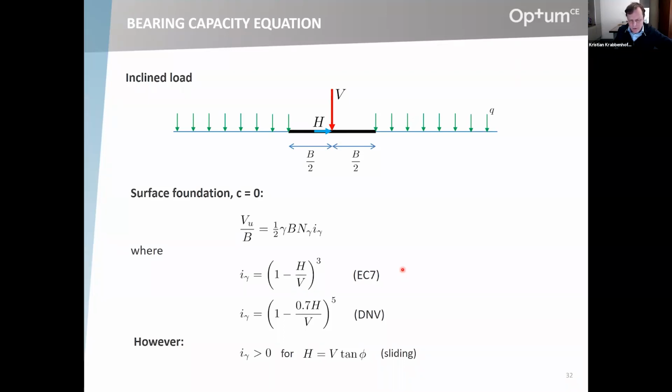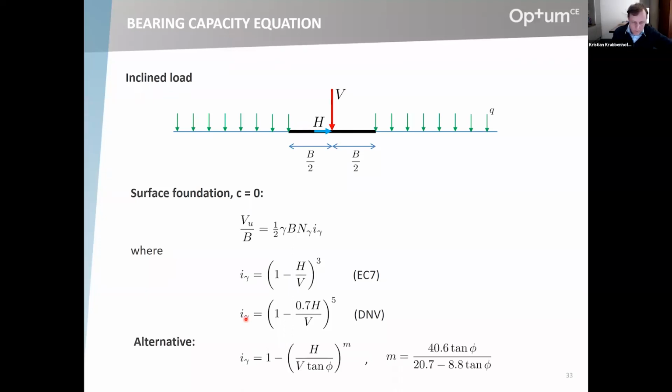And you would expect the bearing capacity or the inclination factor to be 0 in this case. But with these two expressions, at least for normal friction angles below, let's say, around 30 degrees, the inclination factor is of course not 0 when you have sliding. So you need a separate check for sliding, which you'd think should be built in.